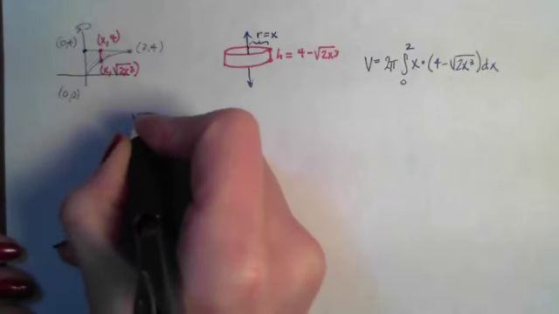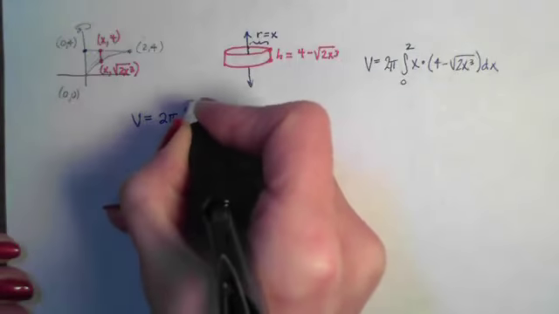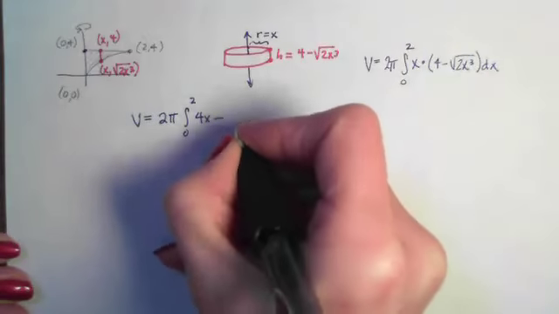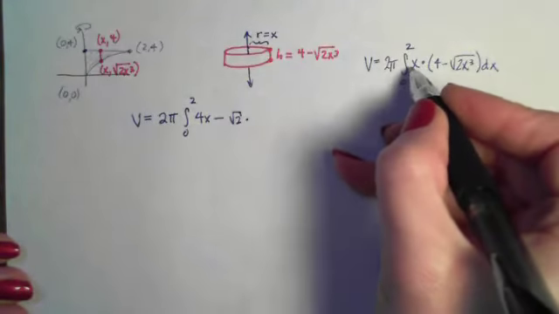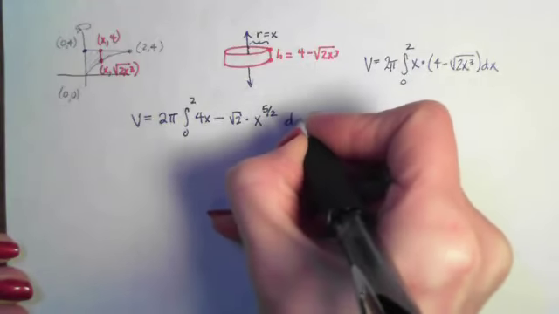So let's get all the constants out in front and distribute. Looks like I'm going to have a 4x minus, that's a root 2 times, I've got an x to the 3 halves times another x, that's an x to the 5 halves.